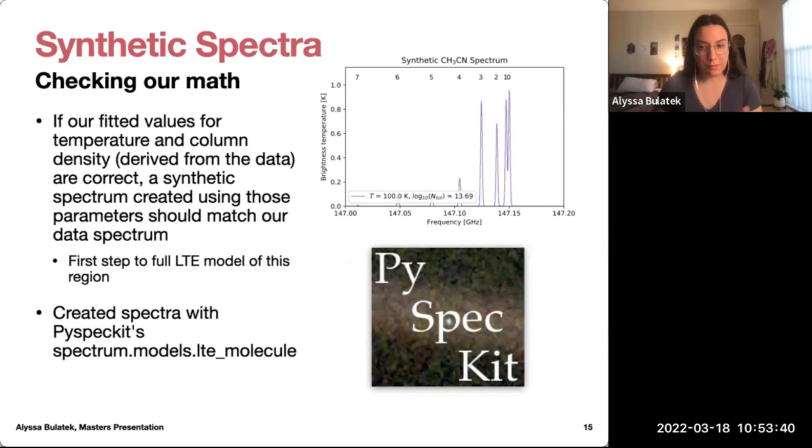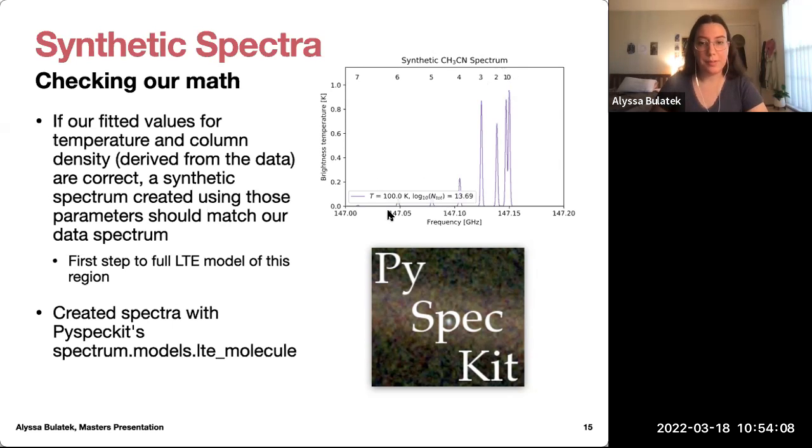But luckily, we can work backwards from our calculations of temperature and column density to produce what the spectrum should look like if the emitting molecule were at that temperature and embedded in material of that column density. And then once we have a synthetic spectrum for those parameters, we can fit the synthetic spectrum against the data spectrum and see how they compare. And so that'll let us check our work essentially.